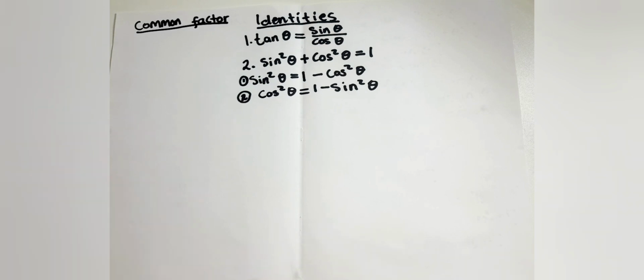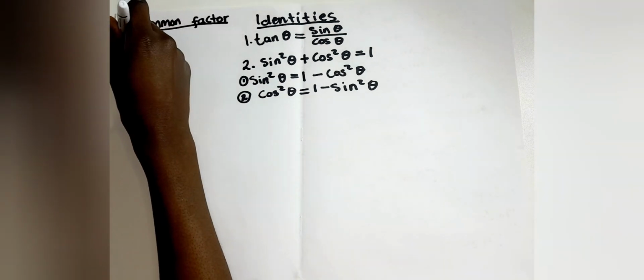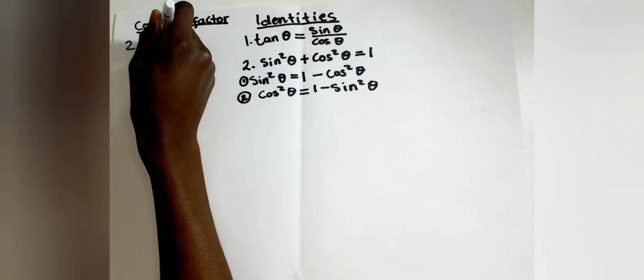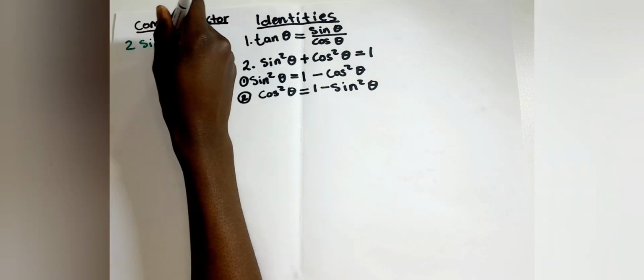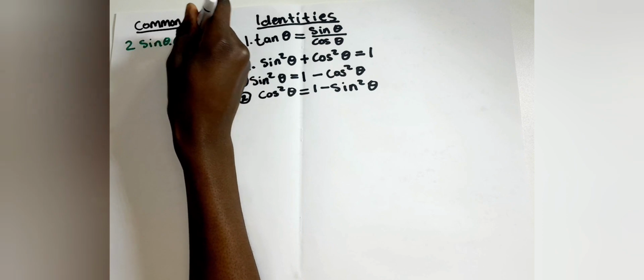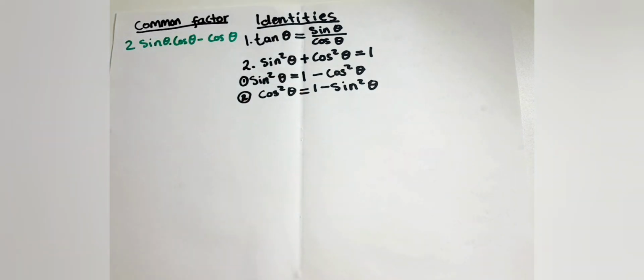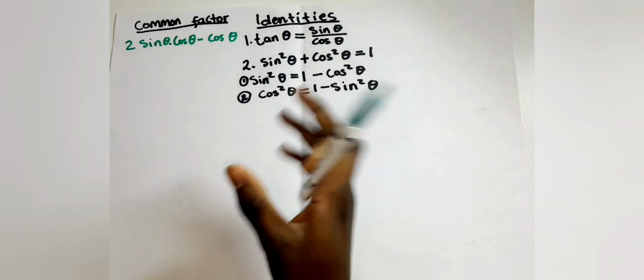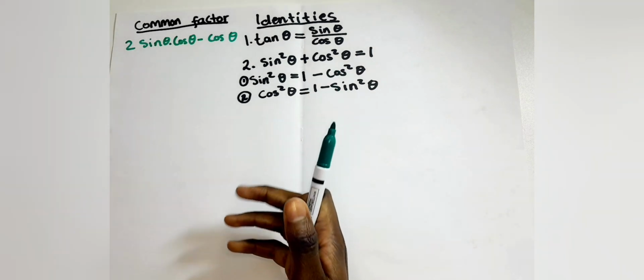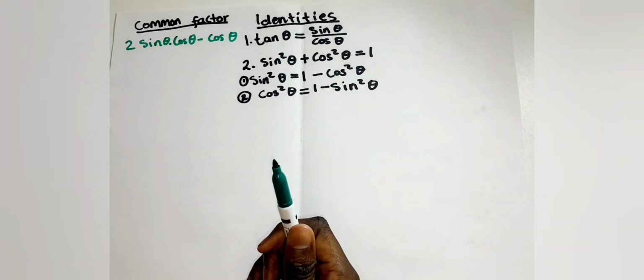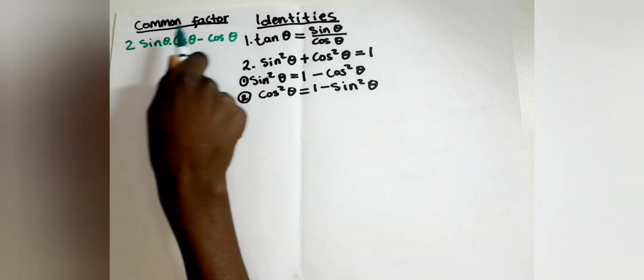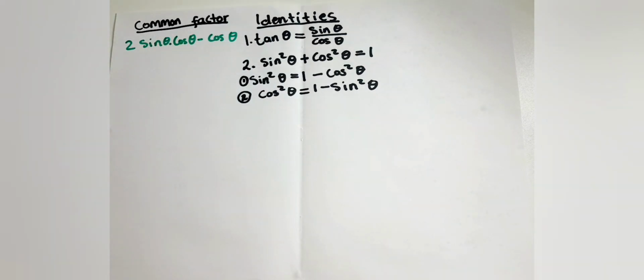Let's say, for example, you are given 2 sine theta times cos theta minus cos theta. You are trying to solve or simplify this, so you check for a common factor. What is a common factor?